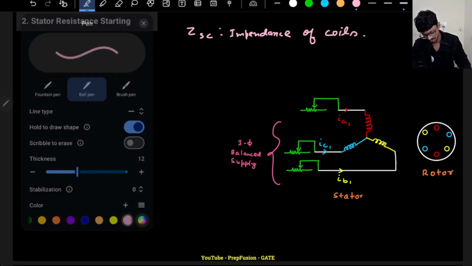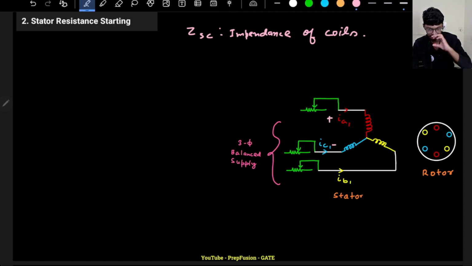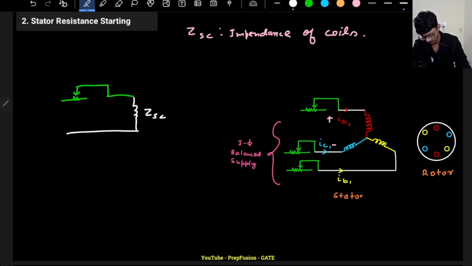If I draw the per phase equivalent, there is this resistance, and then I have this coil whose impedance is ZSC. I am applying the voltage here, but actually this voltage will be some V dash, because there is some voltage division.